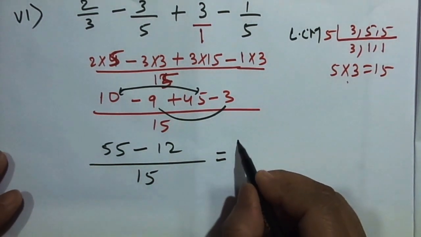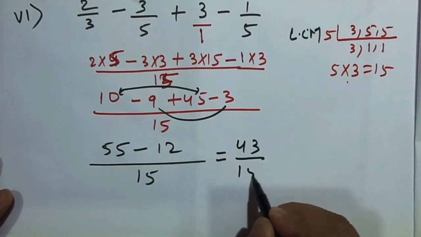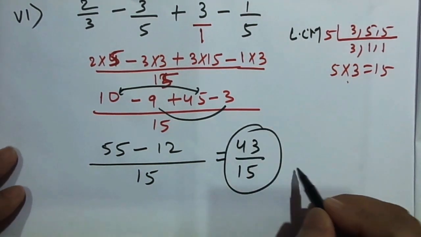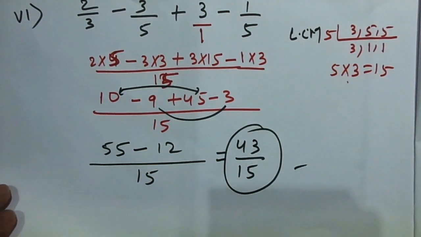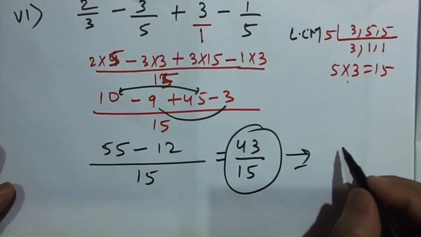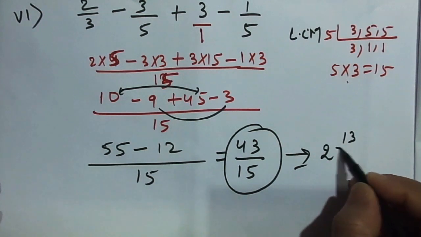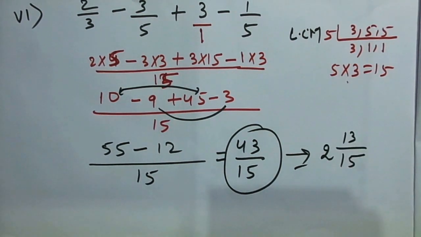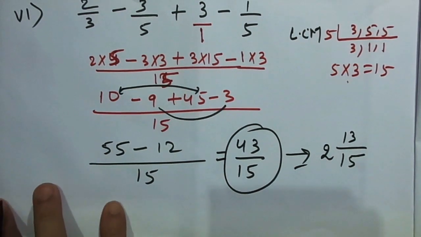Will be equal to 43 by 15. This is your next solution. It is better you convert this into a mixed value. So 2 13 by 15. When you divide 43 by 15, 2 13 by 15.